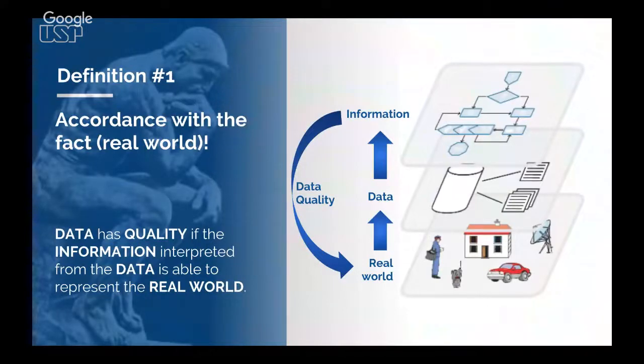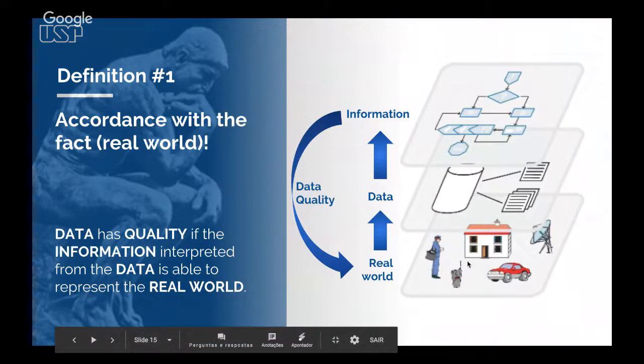So this takes us to the first definition of data quality. This is one definition in the literature that says data has quality if the information interpreted from the data is able to represent the real world. So let's say we have some facts, some event here in the real world.